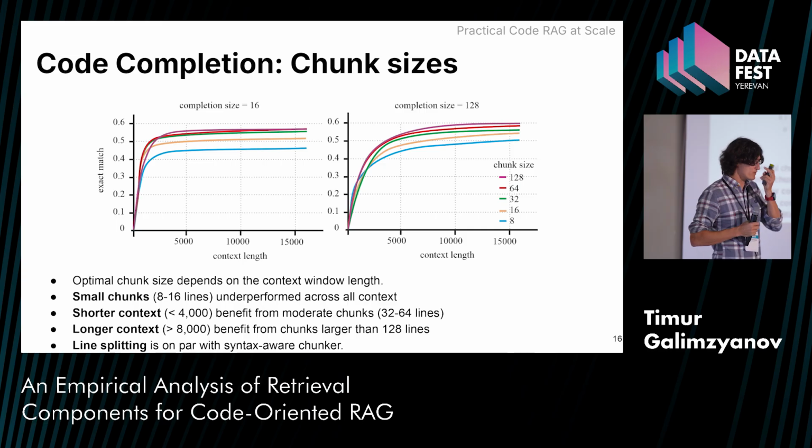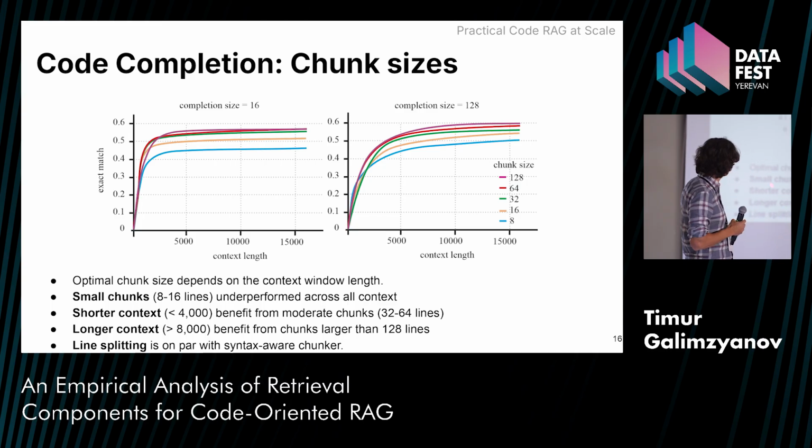Then we benchmarked the chunk sizes. We tried different sizes of chunks. Sorry for the presentation, I should have used a logarithmic scale, and the results can hardly be seen here. But what we observed is that the optimal chunk size depends on the context size. If you have a smaller context, say less than 4,000, you can use a smaller chunk size, something between 32 and 64 lines.